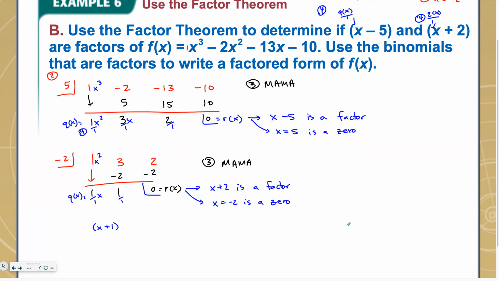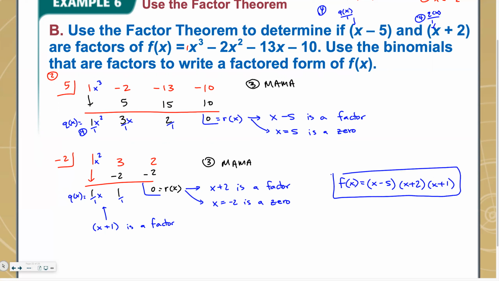So my factored form, if I were to write this out, f of x would equal this x minus 5. That's the first factor. Second factor we got is x plus 2. This right here would be the third factor, from right here, this x plus 1. And so this is the factored form.